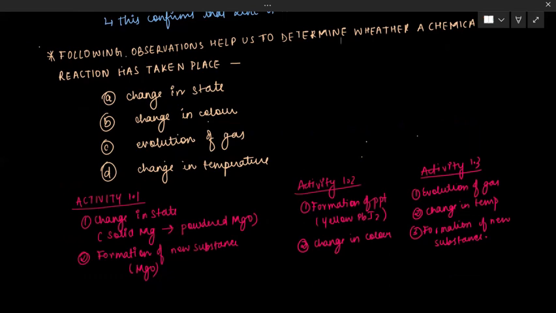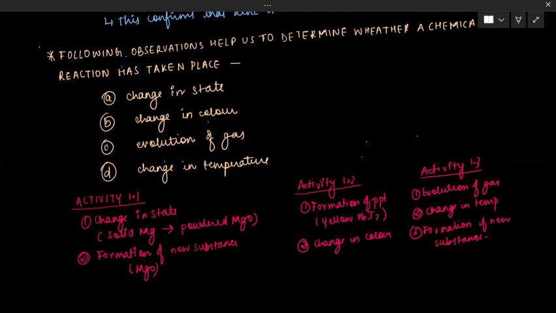Before beginning, these three activities should be covered, and I have already written the outcomes of all these three activities that we have performed. Whenever you see that a chemical reaction has taken place, there are certain outcomes that are compulsory. Either of these outcomes would be there: change in state, change in color, evolution of gas, change in temperature.